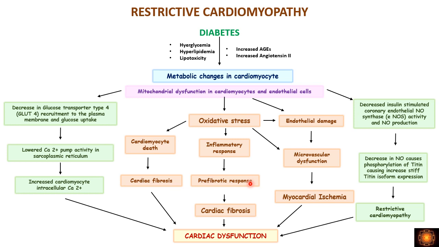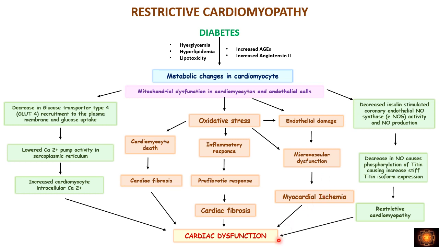So we have a pre-fibrotic response and cardiac fibrosis. It can also damage the endothelial cells, and these endothelial cells will cause microvascular dysfunction, because of which there can be ischemia to the myocardium.